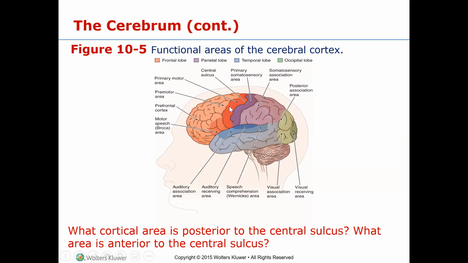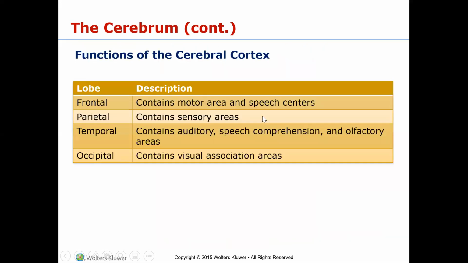So the frontal lobe is in here. Okay, and then this is the central sulcus. Dividing the frontal lobe from the parietal lobe is this central sulcus. So motor speech and sensory information is here in the frontal lobe. Then we have the parietal lobe, which, if you look back, is sensory as well.